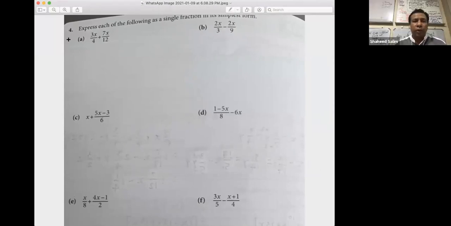Can you do 4A? 4A and D. Now listen, down here they want you to make it a single fraction. This is not solving, this is making it neater. You try 4A first. 4A and D. And then you show me your working. Okay?